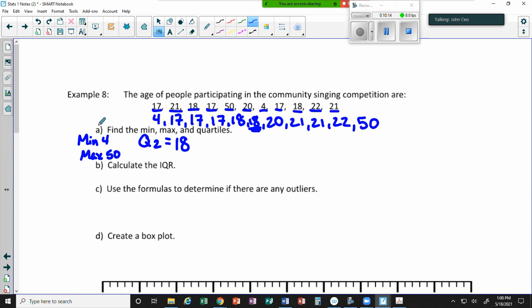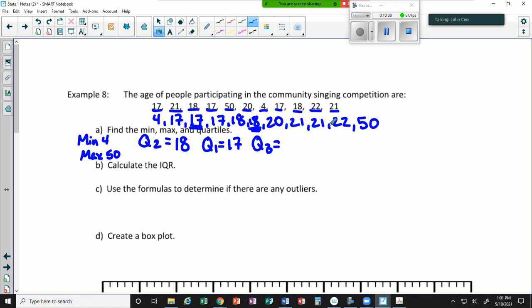So now I need to take Q1. It is the middle or the median of the lower half of this data. So there's 5 values below that. So the middle of that is 17. Q3: there's 5 pieces of data there.